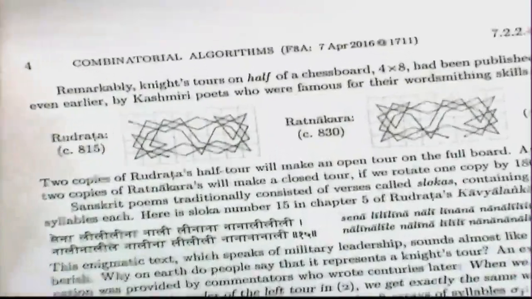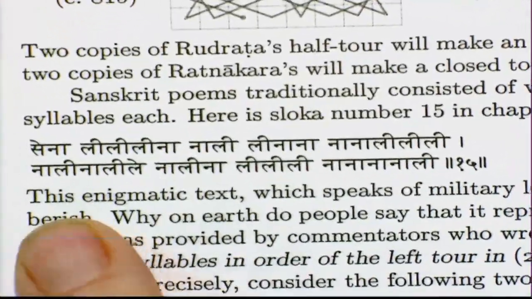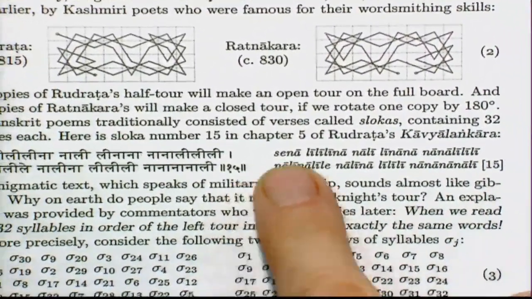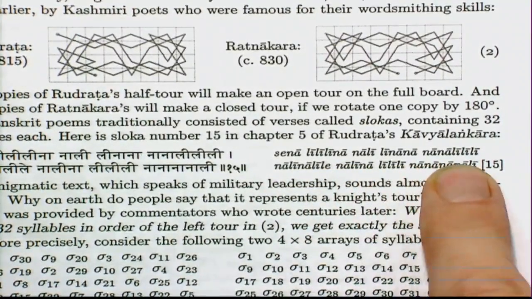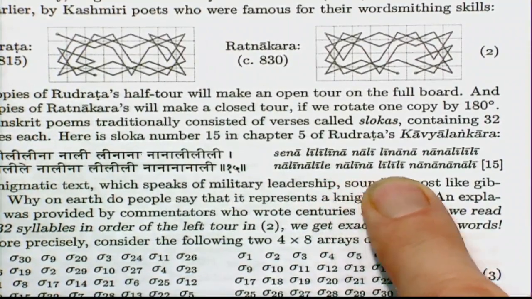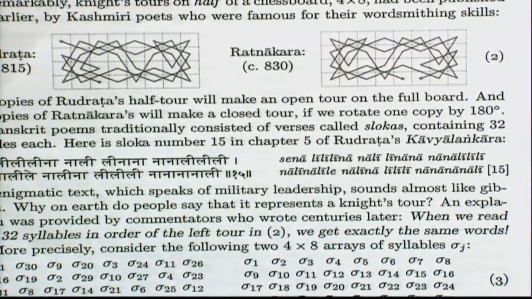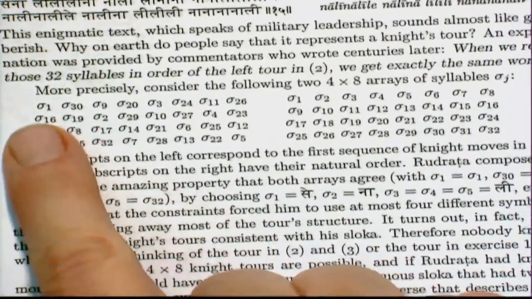So the actual poem that he has in it, if we look at the Sanskrit here, and I guess I got an English translation at the right, it's: na li li na li na li li na li la. Na li na li na li.